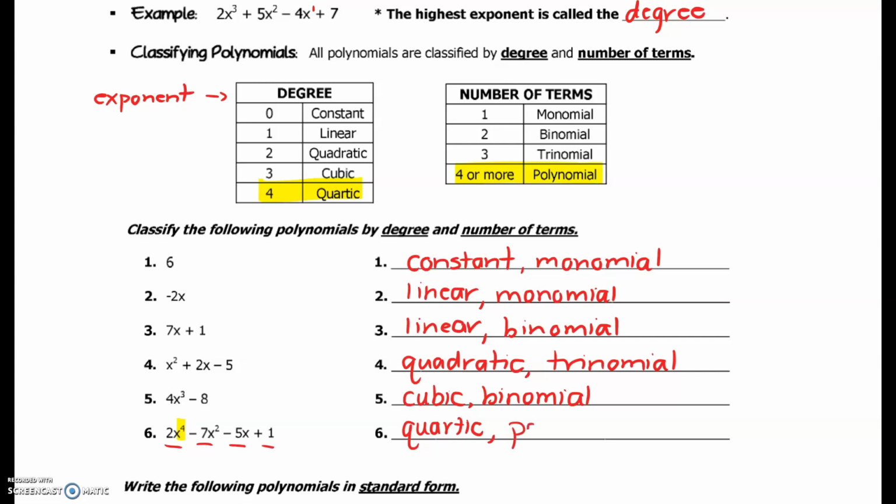Polynomial is kind of the overarching name for all of these, but if it has 1, 2, or 3 terms, we have a more specific name. For 4 or more, we only use the word polynomial to classify an expression of that length. Okay, so that's the classifying process for polynomials.